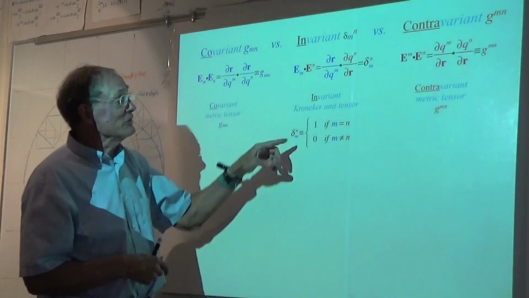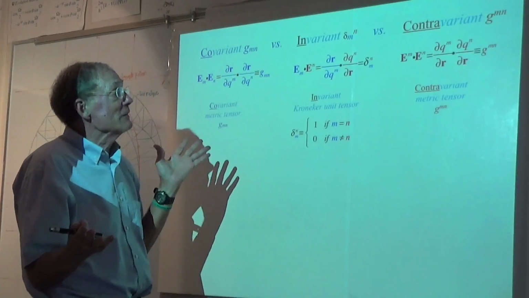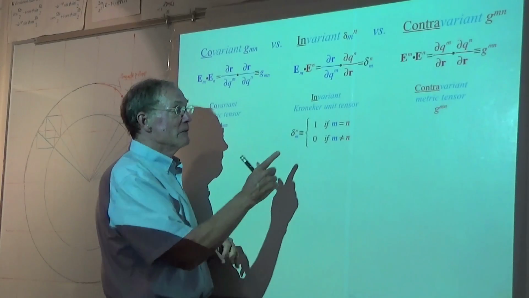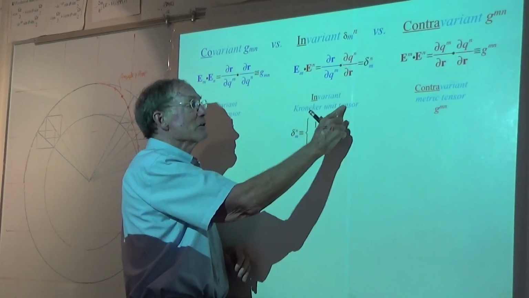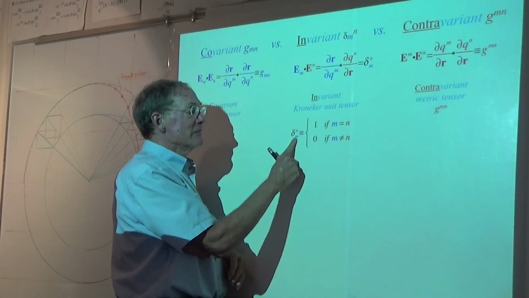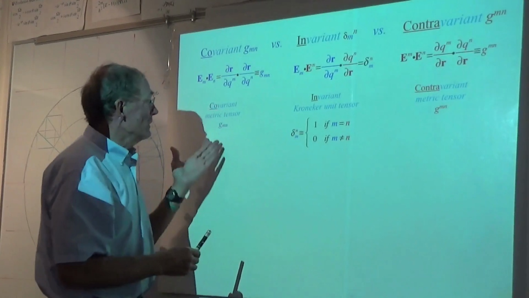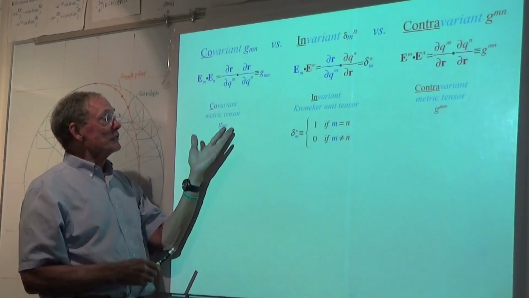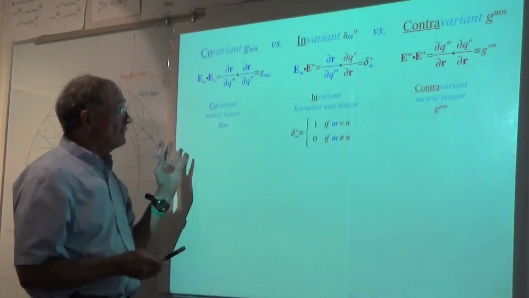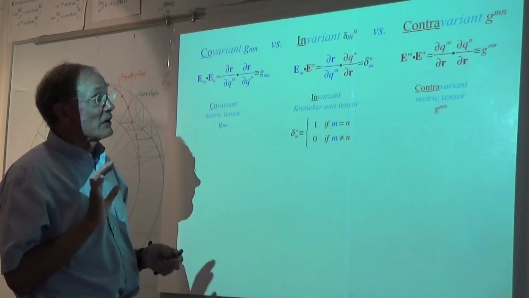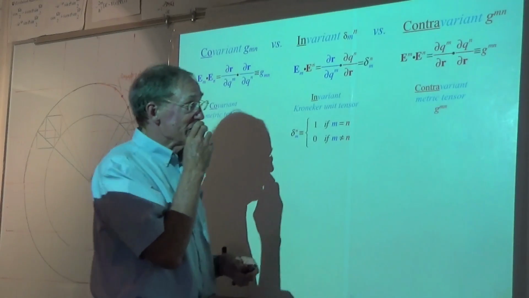If I do this, I just get the one we're all happy and used to, the invariant Kronecker unit tensor, 1 or 0. This one has lots of off-diagonal components in general. For our thing, it doesn't, because we've got an orthogonal curvilinear coordinate system.